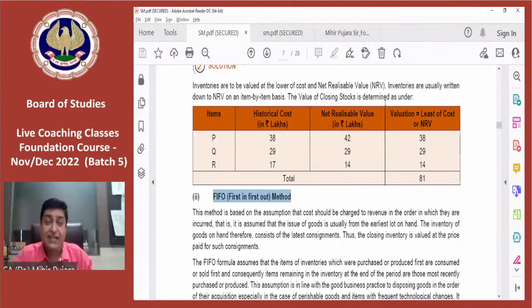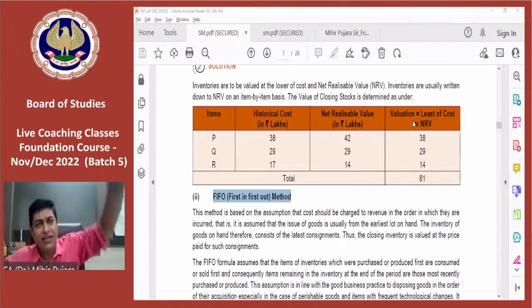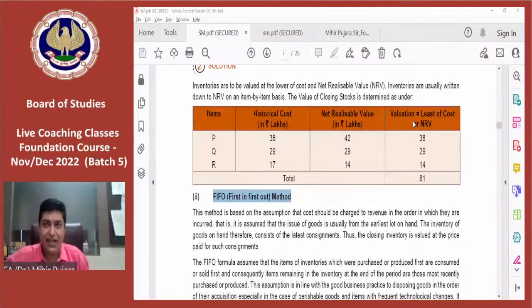So I can say, sir, in the FIFO method, old goods have been issued and the latest one is in closing stock. Can I say this, guys? Sir, in the FIFO method, old stock has been issued and closing stock is my latest goods.